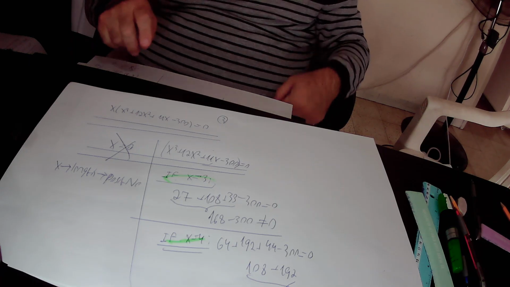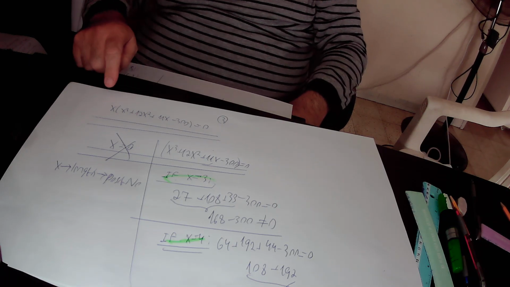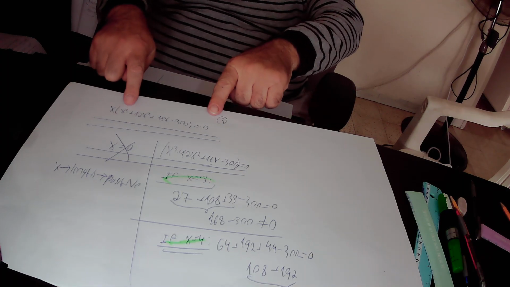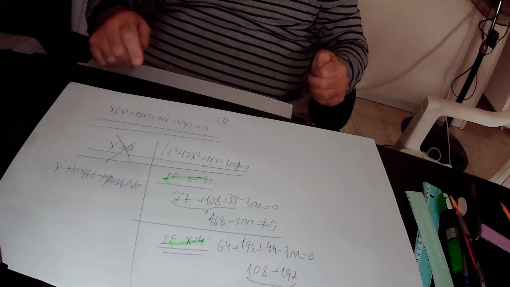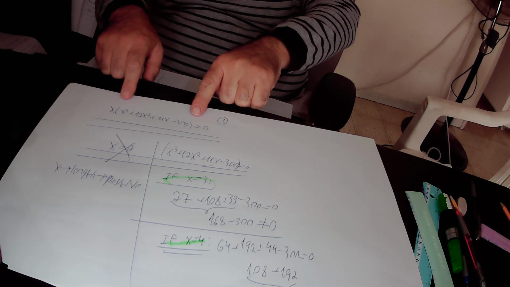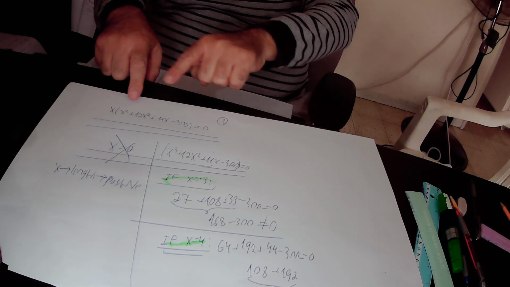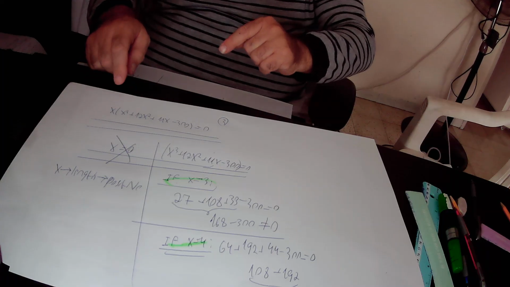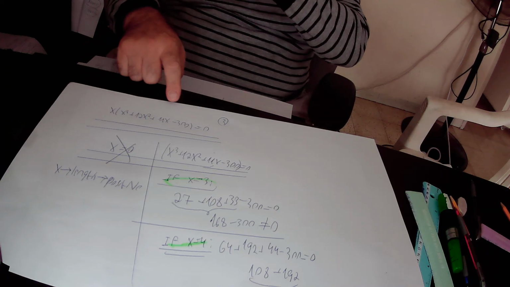The first solution is that x equals 0. If x equals 0, then 0 times anything is 0. We get that 0 equals 0. That is the first solution for x. And the second solution for x is that the expression inside the brackets equals 0. And then we have 0 times x equals 0, so 0 equals 0. So those are the two solutions for x for this equation.